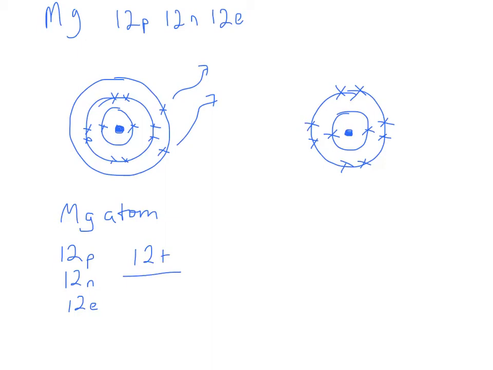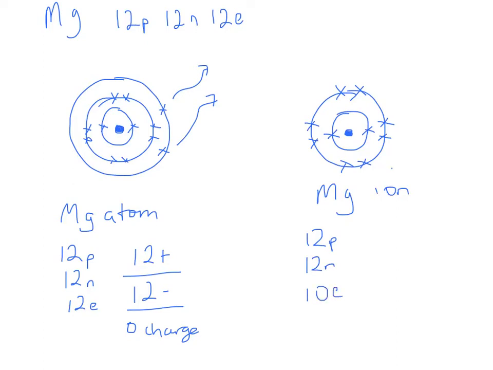No charge at all for the neutrons. 12 minuses, making overall 0 charge. But the magnesium ion, here it's got 12 protons and 12 neutrons in the nucleus, but it's now lost 2 electrons, so it's only got 10 electrons. That means it's got 12 pluses, no charge here for the neutrons, and 10 minuses, and therefore it's overall a 2 plus charge.